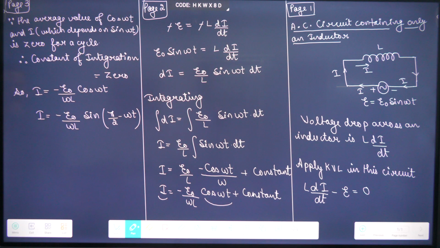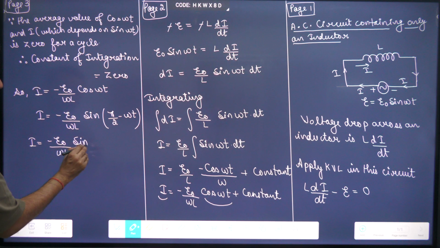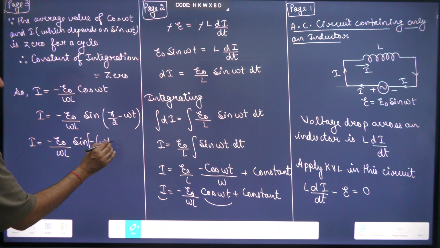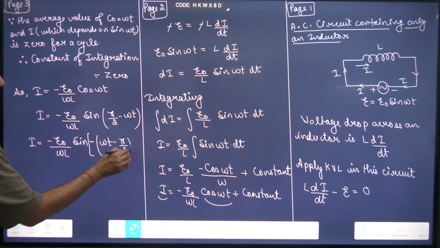Now I want to remove this negative sign. So I will take this negative sign common in this bracket. So I is equal to minus E naught upon omega L sine, taking the negative sign common, omega t minus pi by 2.